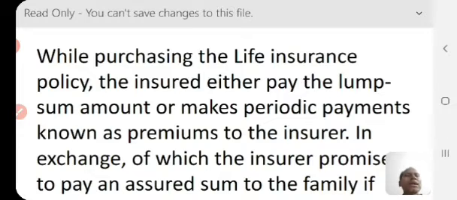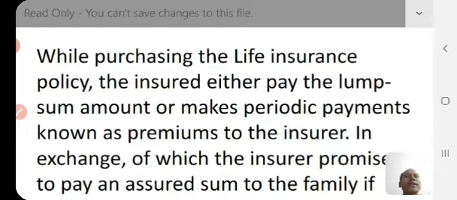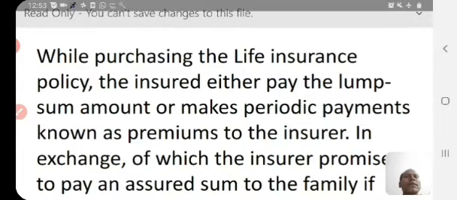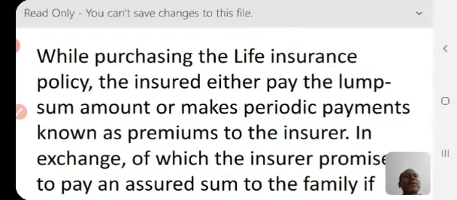While purchasing the insurance policy, the insured either pays the lump sum amount or makes periodic payments in the form of premium to the insurer. Premiums may be in lump sum or in periodic payments.